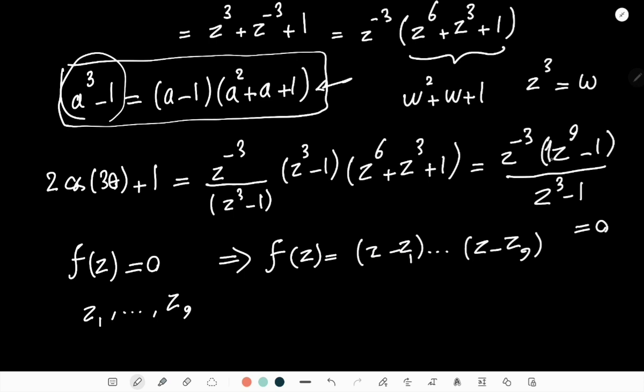So that's why I want to put it equal to 0, not to solve that equation, but simply to find the factors, okay?